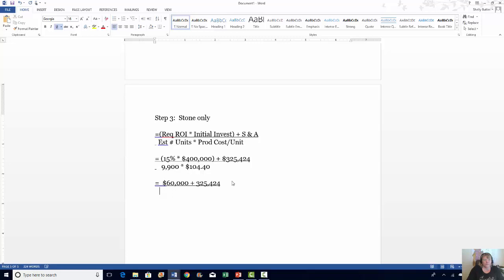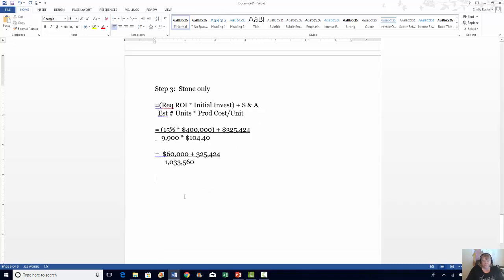Oh, that silly line. 1,033,560, and you get 37.3% markup, which is not too bad.